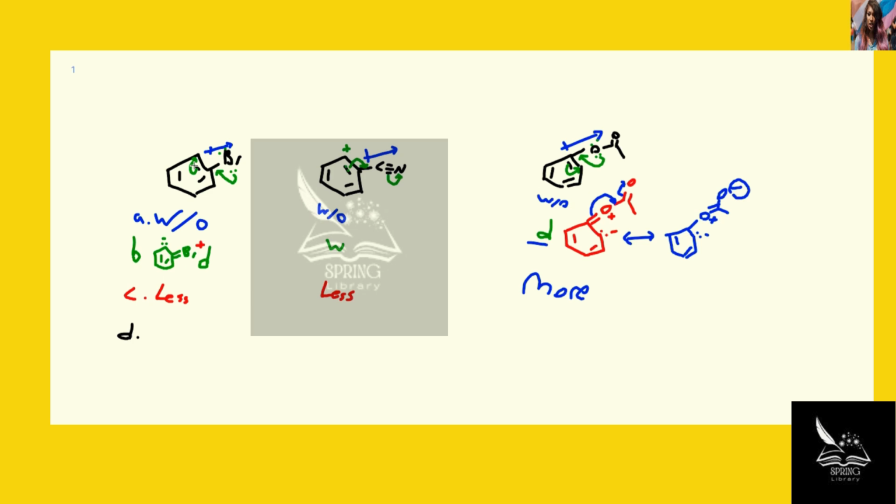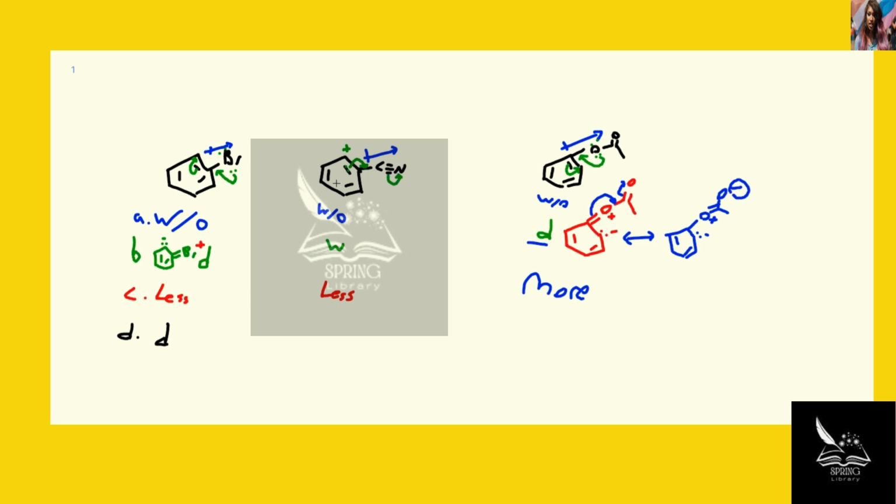However, if you have a substituent that donates electron density into your benzene ring and makes it more electron rich, well, because it's more electron rich, by definition, it's going to be a stronger nucleophile than benzene alone. So because we have less electron density in the benzene ring, this is going to be deactivated for electrophilic aromatic substitution. Same with this example.